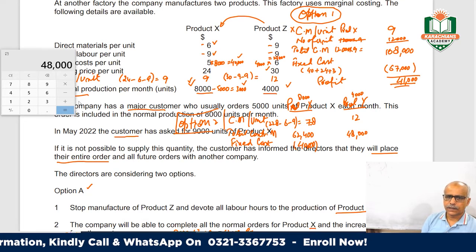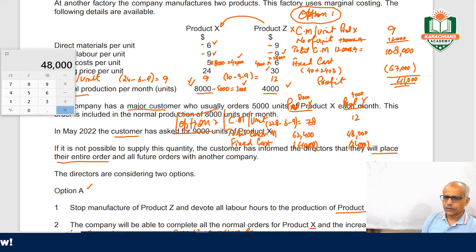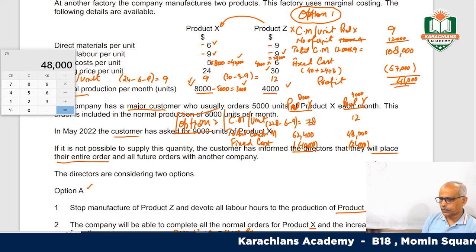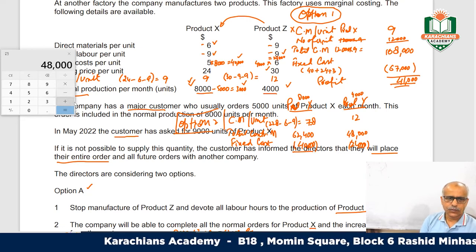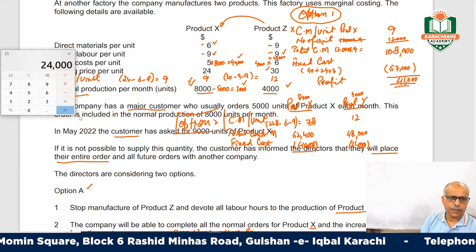Okay, and it was 24,000. So how much would be the profit? Profit will be 48 minus 24,000.